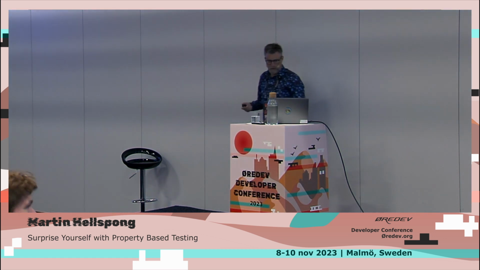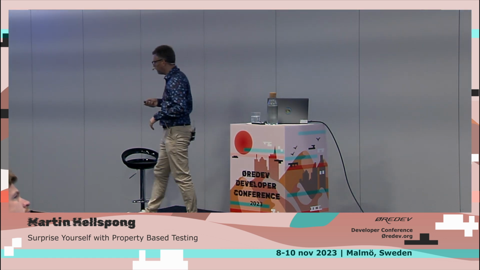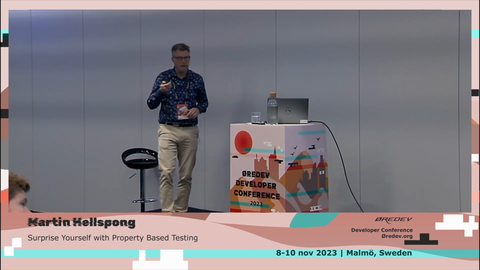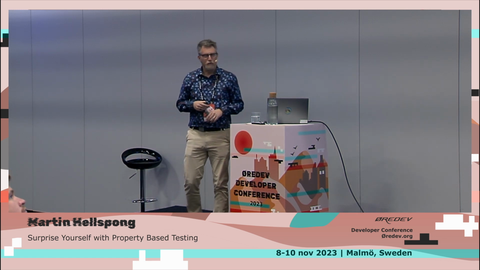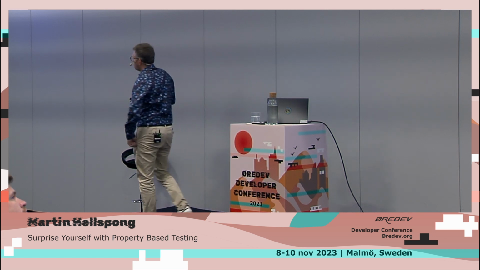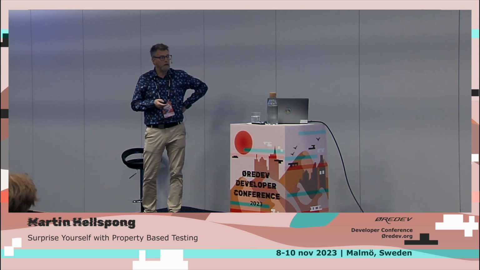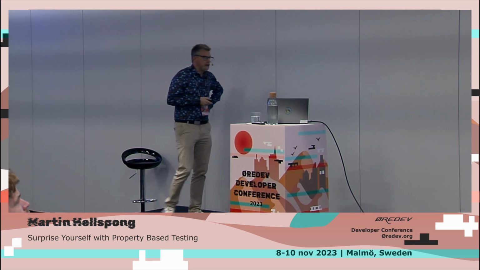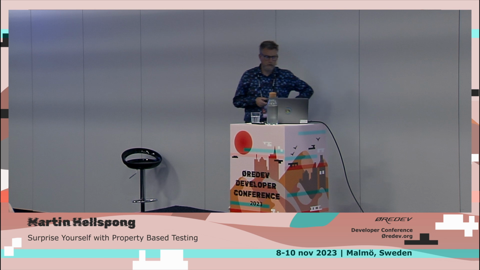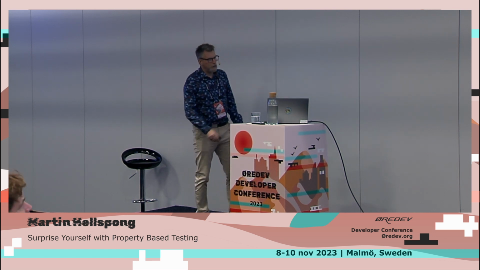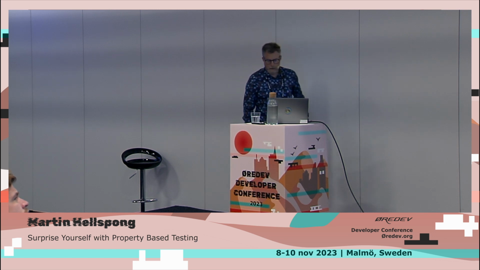Okay, so let's move on to some criticisms of property-based testing. This is the enterprise people. They don't want unstable tests, they don't want to be uncertain who broke the build, and they don't like it if the builds aren't reproducible. So introducing non-determinism in that environment could be problematic.